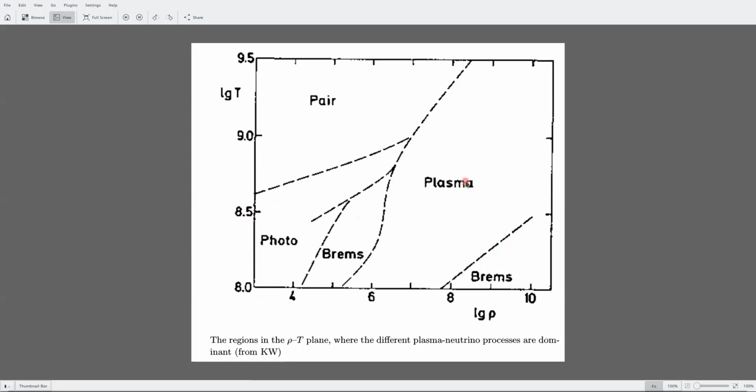It surprised me that the plasma regime, I thought you needed lower temperature. It goes all the way up.